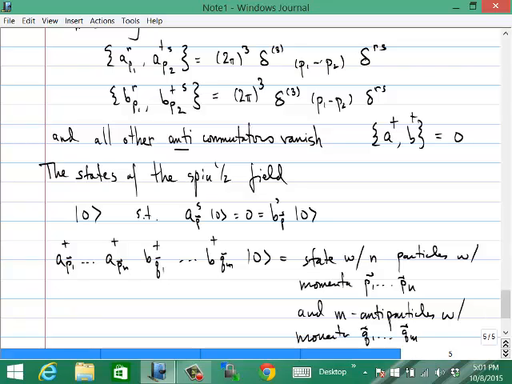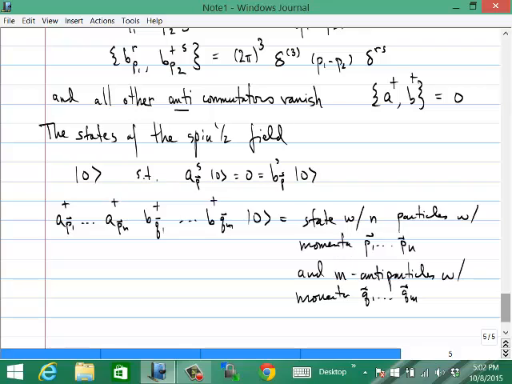Okay. So, if you like, you could just take this as part of the definition of what I mean by a theory of free spinors. You know, that we just declare that we must use anti-commutation relations rather than commutation relations because we're looking for a theory of fermions.